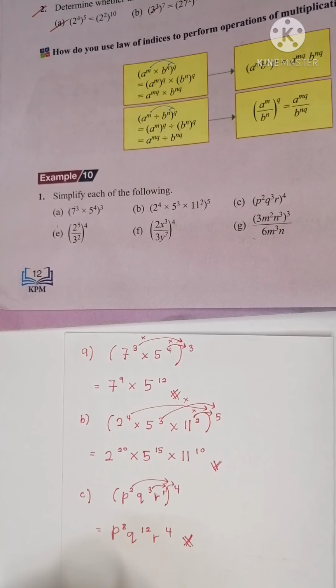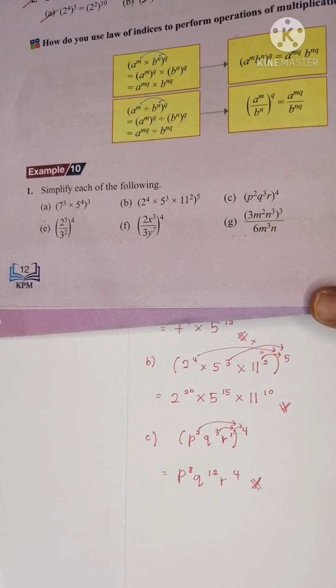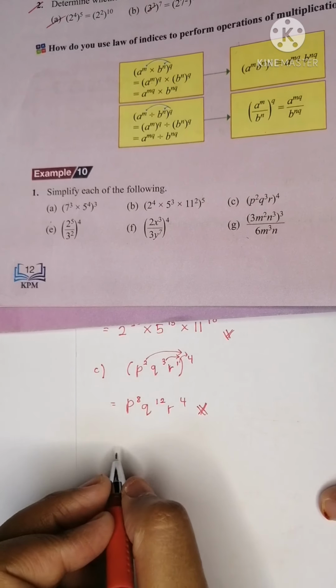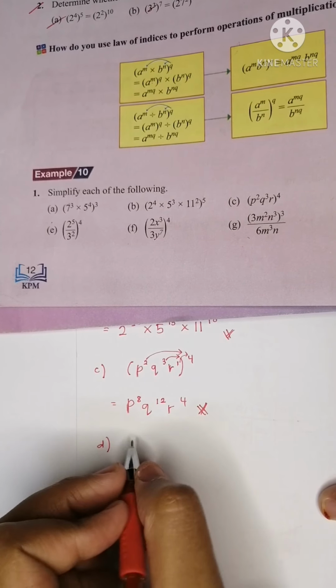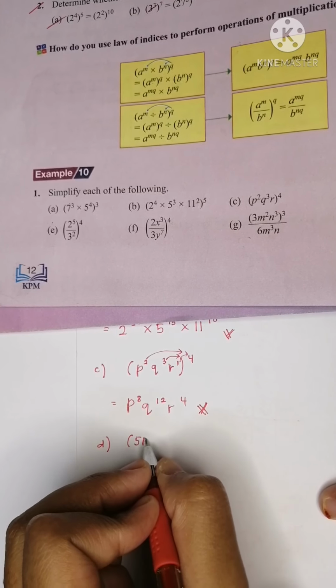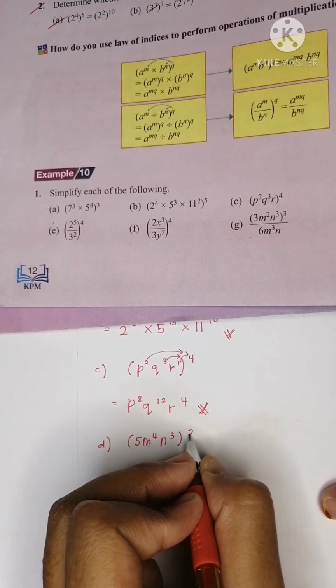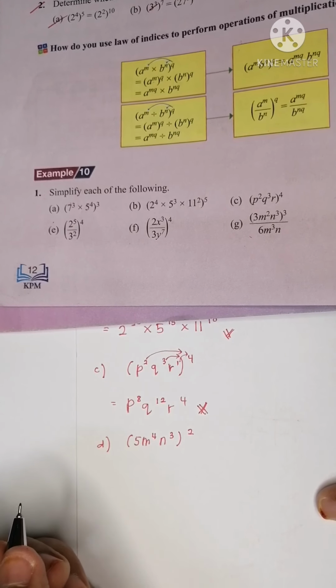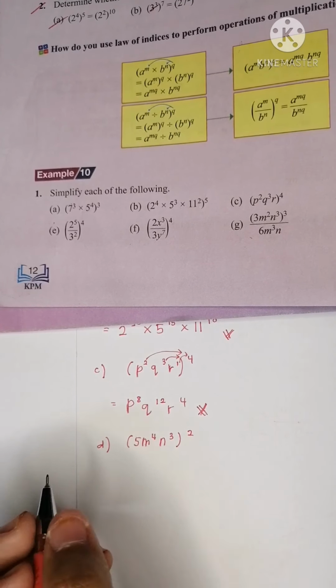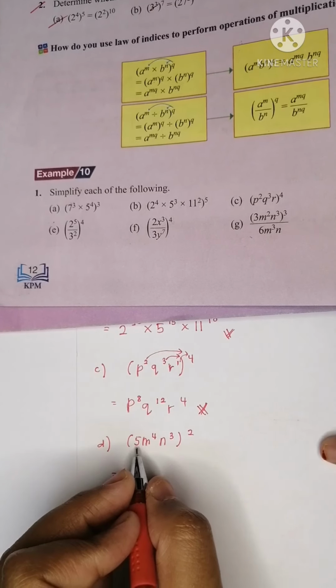Now look at the next example, which is D. I will show you one by one. 5m to the power of 4, n to the power of 3, close bracket, to the power of 2. So how do you want to do it? There is a constant here, right?